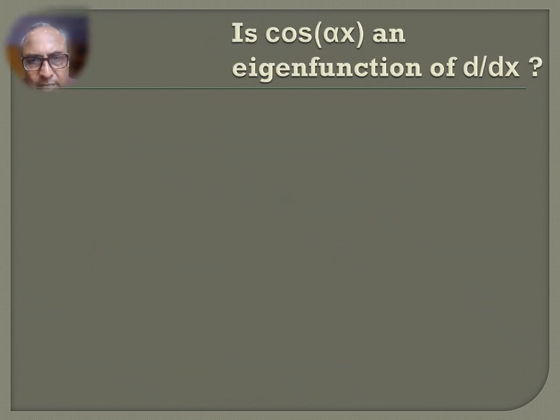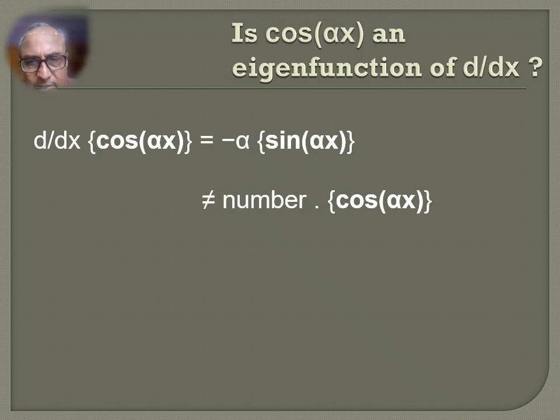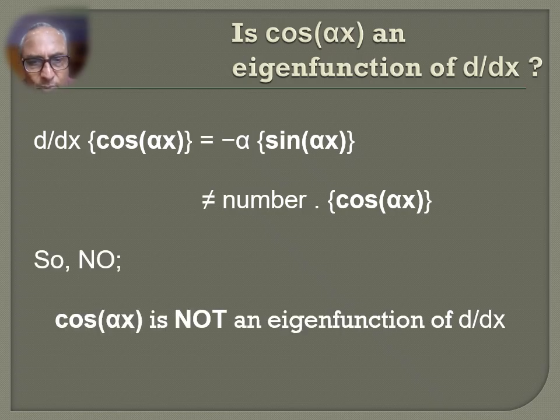Is cos alpha x an eigenfunction of d by dx? d by dx operating on cos alpha x gives minus alpha times sine alpha x, which is not a number times the same function, that is cos alpha x. So no, cos alpha x is not an eigenfunction of d by dx.